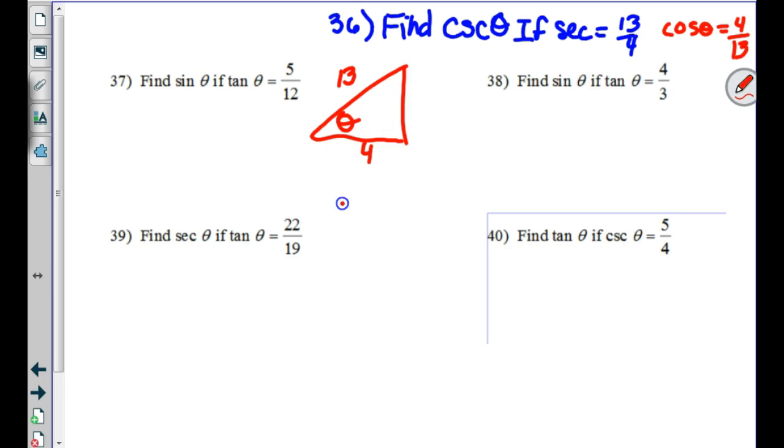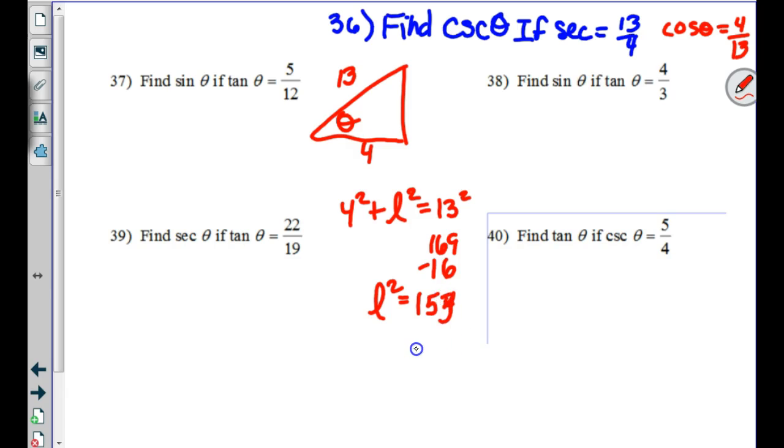So if I do Pythagorean theorem, 169 minus 16, 153. Does 9 go into that? So we get 3 square roots of 17.